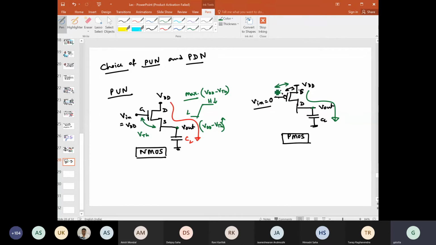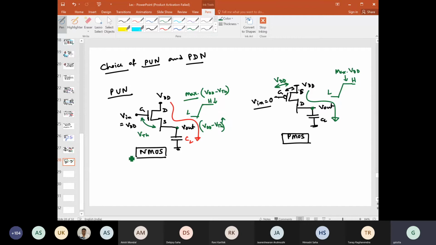If you make V input 0, VSG is VDD. So there is no restriction which limits the V output from reaching VDD. V output maximum can reach VDD. So in the low to high transition, the maximum can easily reach VDD.